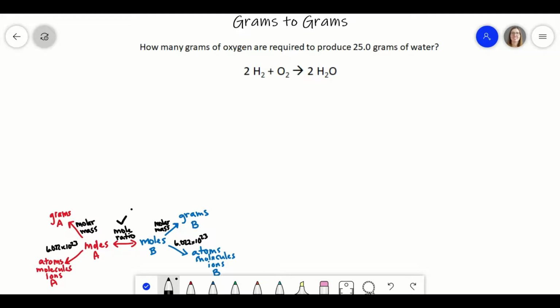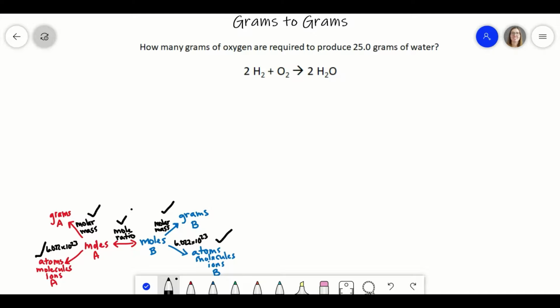We also have relationships between moles and grams, so I can go from moles of a substance to grams of a substance using the molar mass, which we see right there on the chart. And then I can also go to moles of a substance to the number of atoms, molecules, or ions of that substance as well, using the Avogadro's number, which we see here and here on our chart.